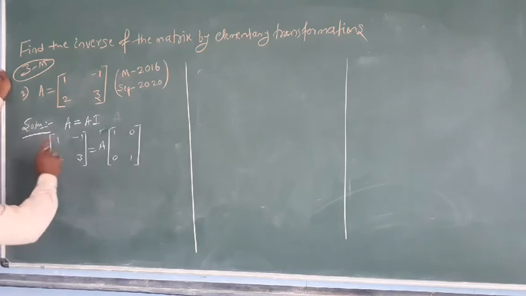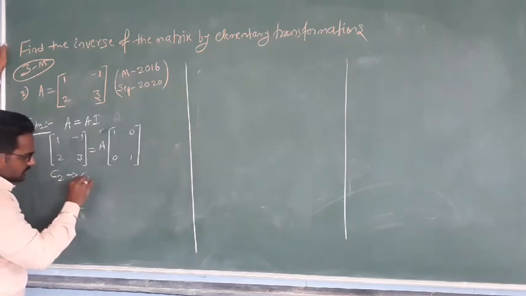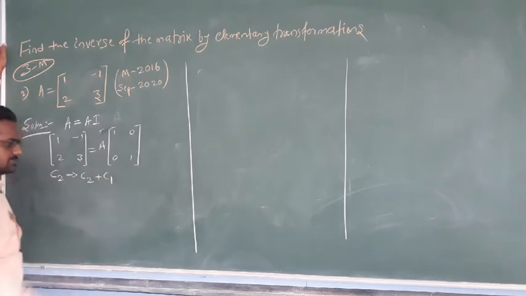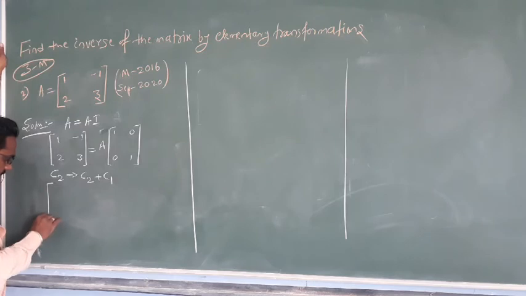So with column operations, students, first convert the C2. C2 changes to C2 plus C1. See here, students, the first column elements are as it is, 1 2.